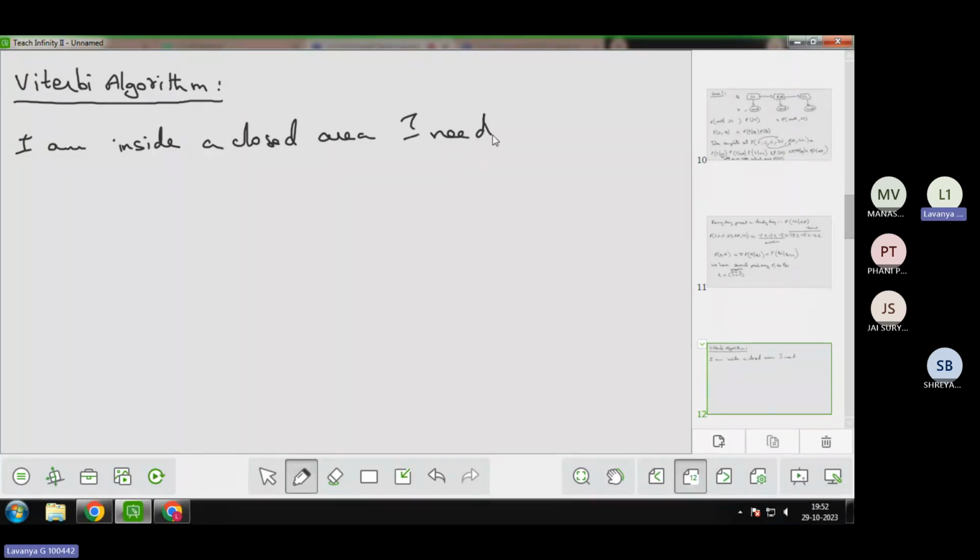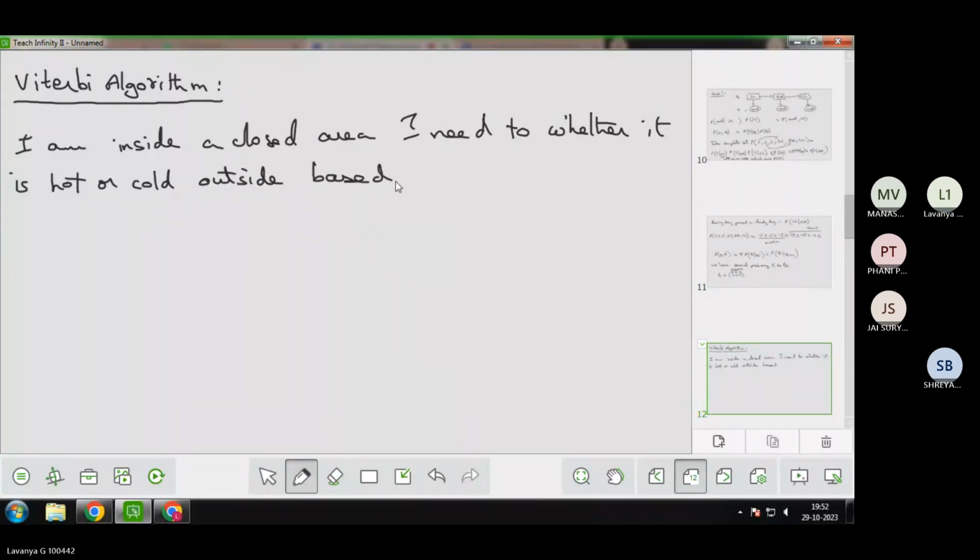I need to find out whether it is hot or cold outside, based on the number of ice creams a person consumes.